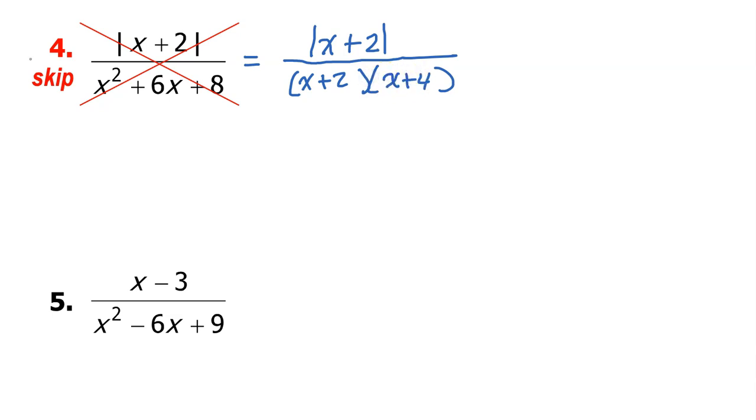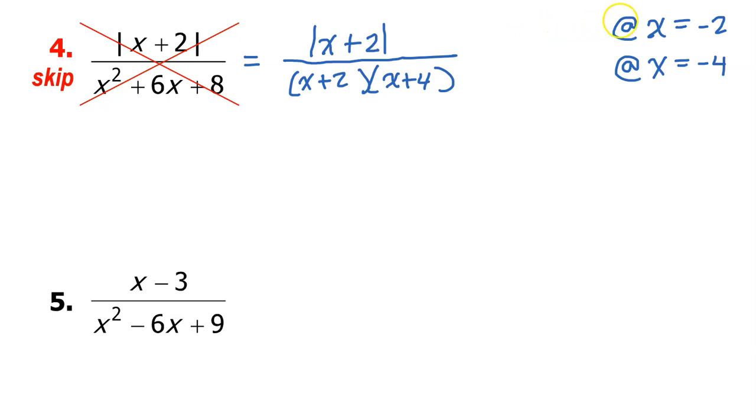Looking at these two denominators, we can tell that we will have a discontinuity at x equals -2, and we will also have a discontinuity at x equals -4.